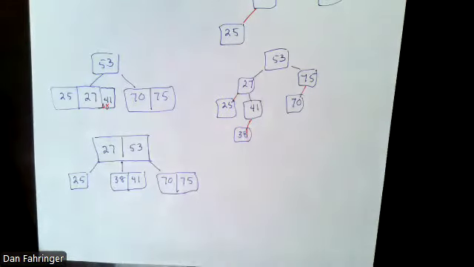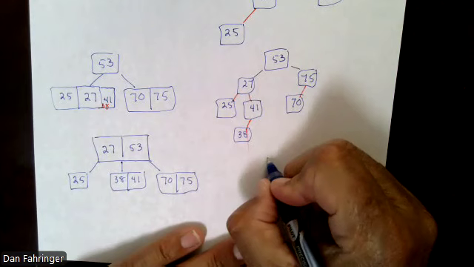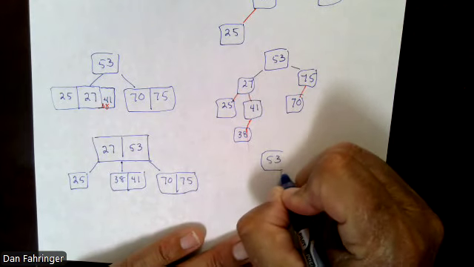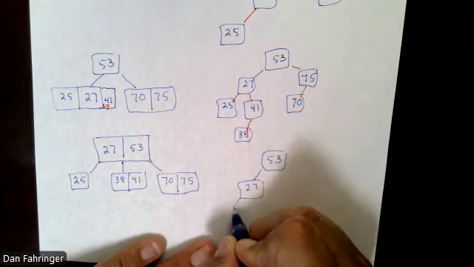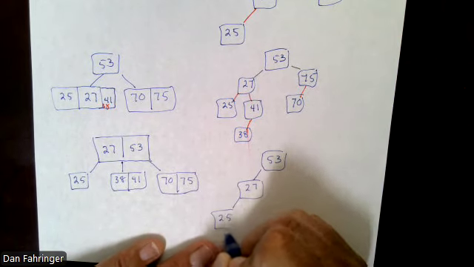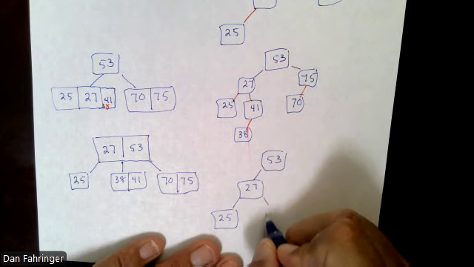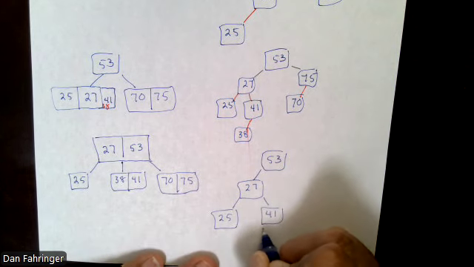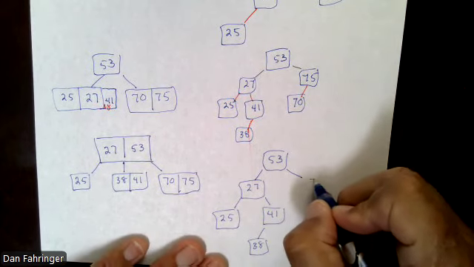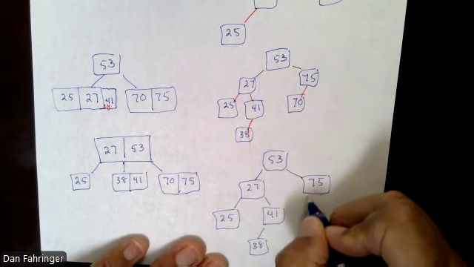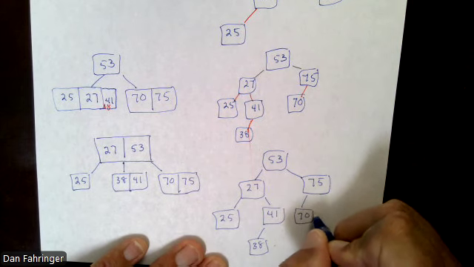Right now it's red. Let's write this out and see what it looks like. 53, 27, 25, 41, 38. Back to being a binary tree. 75, 70.